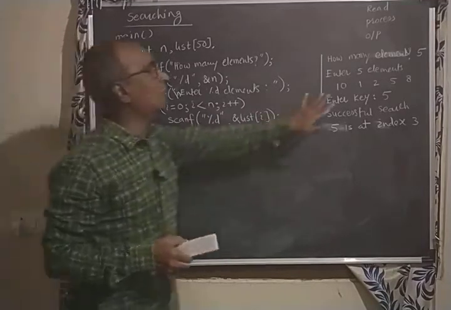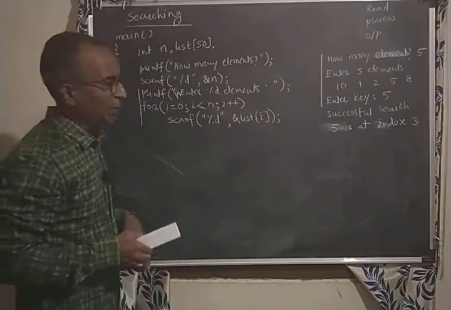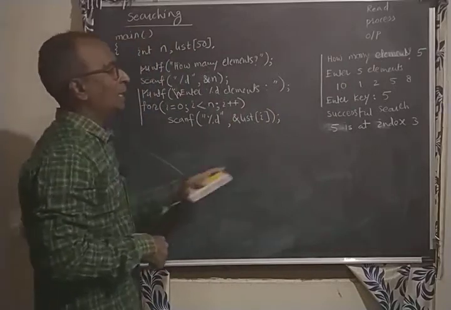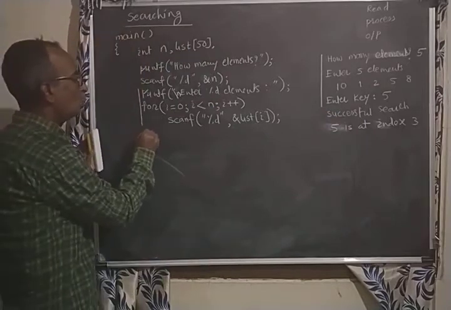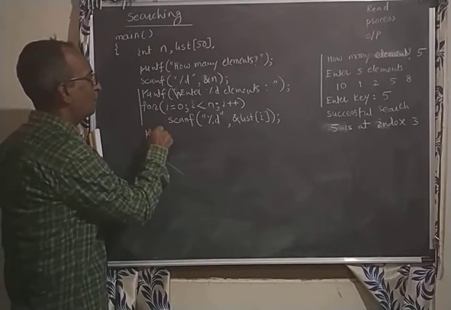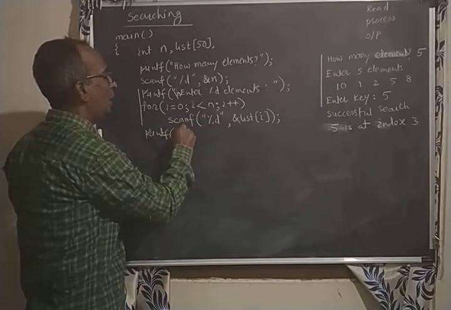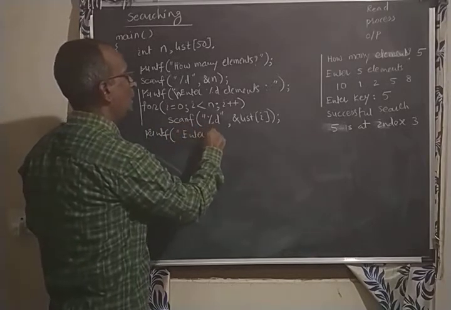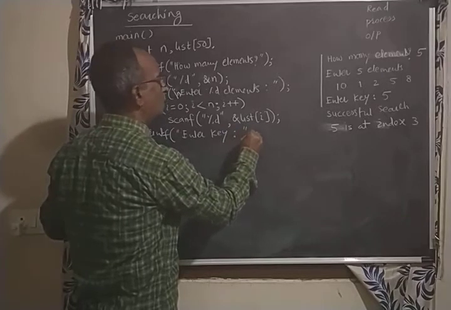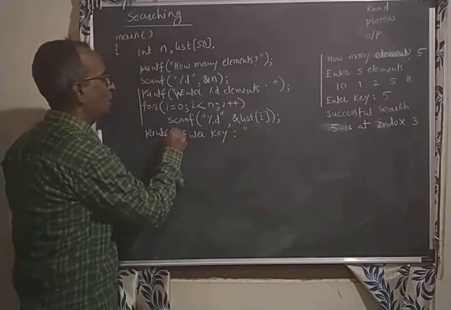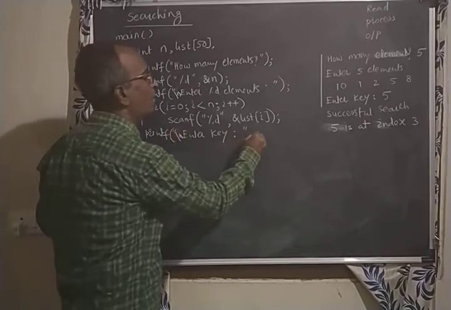All the elements will be set into an array, these 5 elements. Then we have to ask for a key. So we'll say printf enter key. We will accept this. See, I'm not giving this \n.